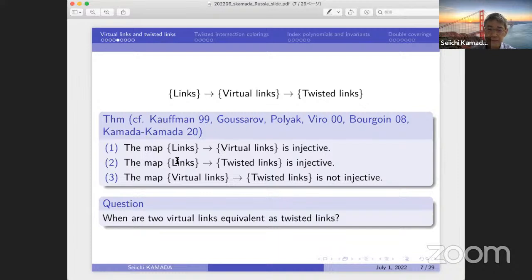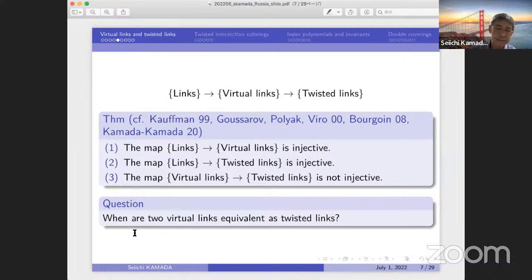And second, the map from links to twisted links is injective. This means two classical link diagrams are equivalent as classical links if and only if they are equivalent as twisted links. These are non-trivial, obviously. And third, the map from the set of virtual links to twisted links is not injective.